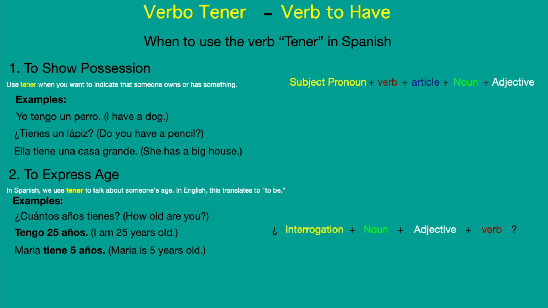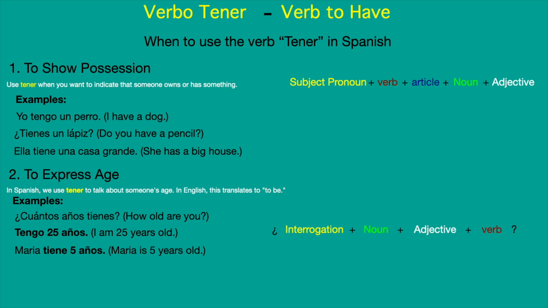And here we have the construction for when to use it. We have some practice, and you can use an interrogative plus a noun, which could be anything, and then an adjective and the verb. So, ¿cuántos amigos lindos tienes? That is an example.